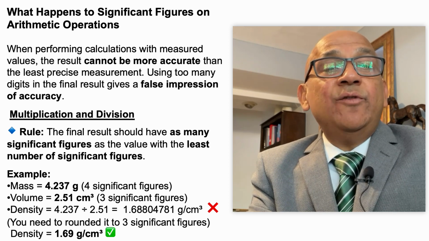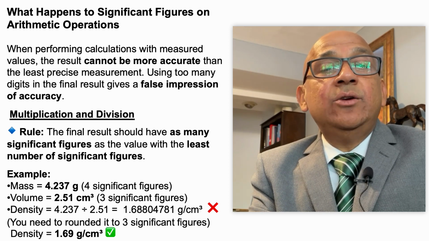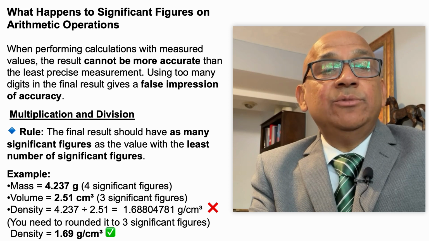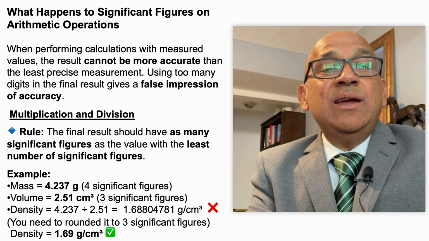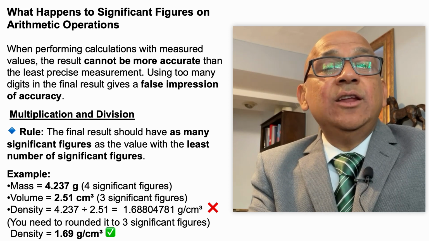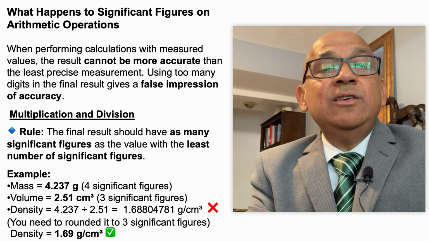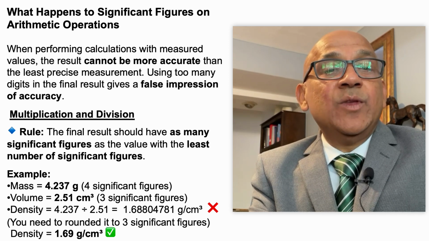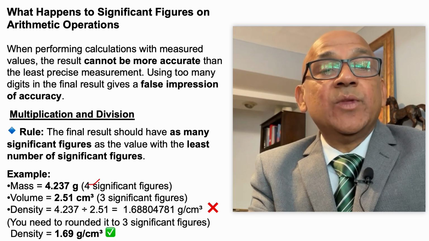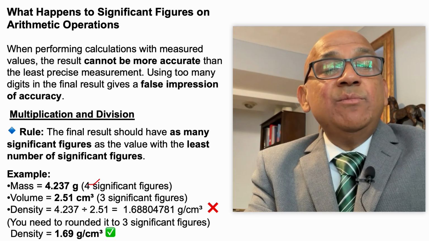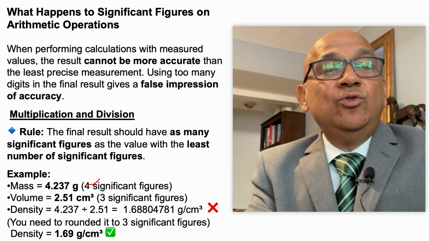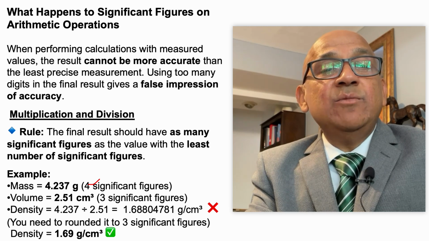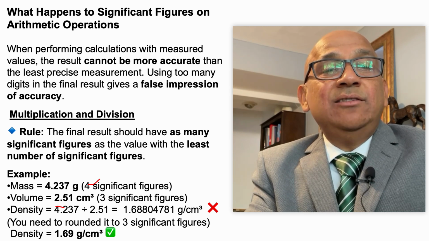Suppose the mass of an object is 4.237 grams, and as we have already learned how to find significant figures, we can see that it has 4 significant figures, 4, 2, 3 and 7. Volume of the same object is given as 2.51 centimeter cube. It has 3 significant digits, 2, 5 and 1.